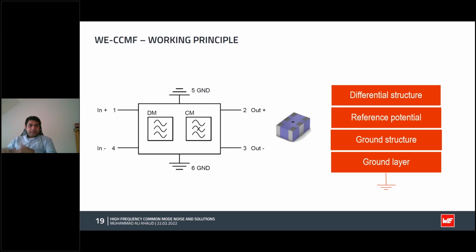The patented internal structure is quite complex, and it comprises layers of metallization, so we will not go too deep into that. But what's important here is that the differential structure is electromagnetically coupled to the reference potential structure, the ground structure, and the ground layer are electrically connected to each other.